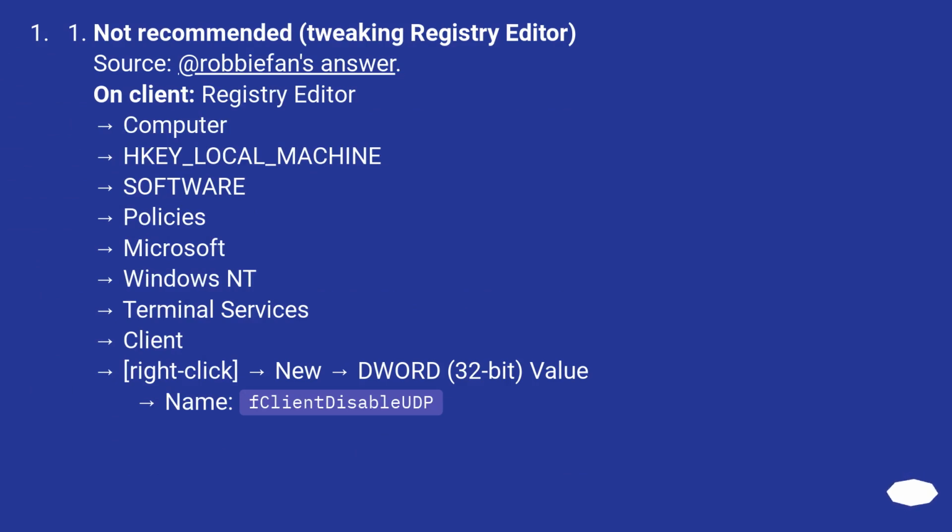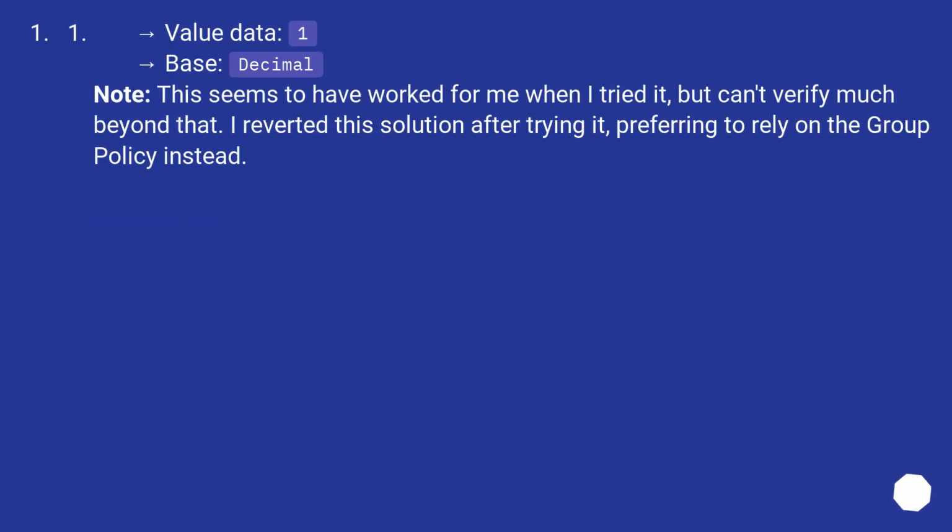Not recommended: tweaking the registry editor. Source: Robbie F. Ann's answer. On the client, Registry Editor, HKEY_LOCAL_MACHINE, Software, Policies, Microsoft, Windows NT, Terminal Services, Client, right click, New DWORD 32-bit, value name fClientDisableUDP, value data 1, base decimal.